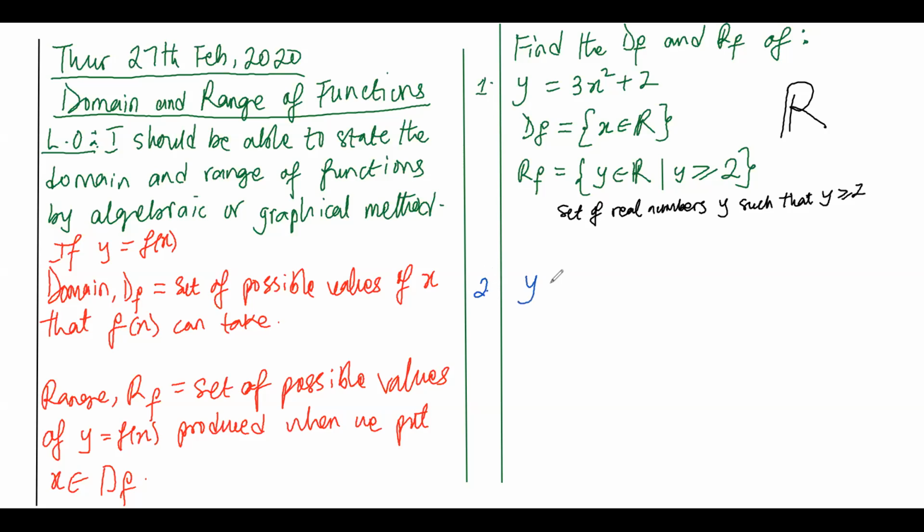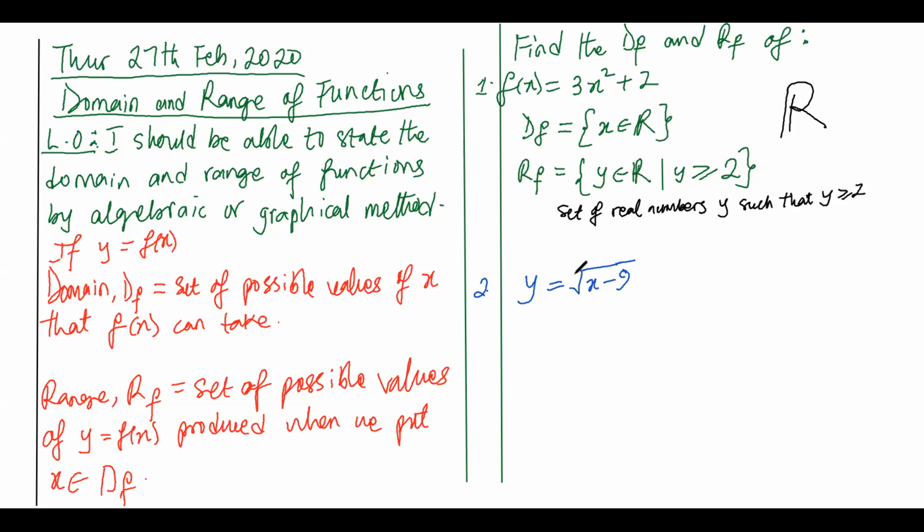So y equals square root of x minus 9. Oh, I should have said domain of y because I called it y. Since I'm going to write that as a domain of f, I'm going to change this to f of x, because my notation must be consistent.